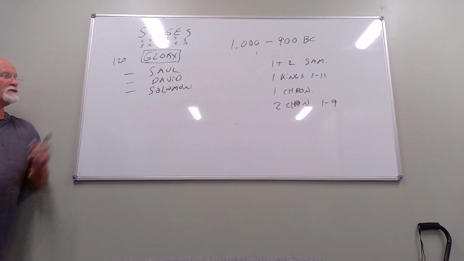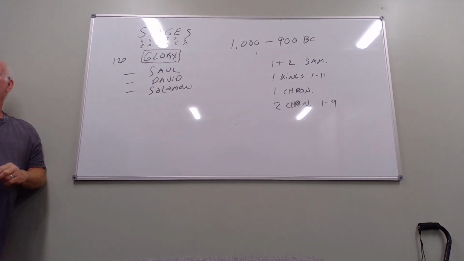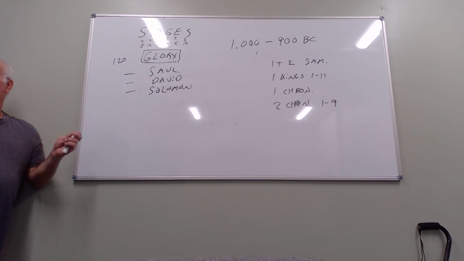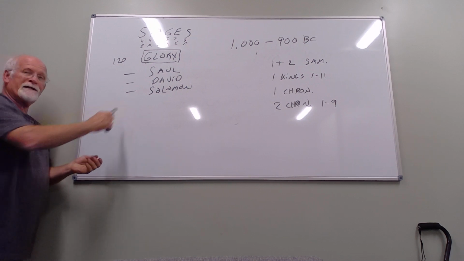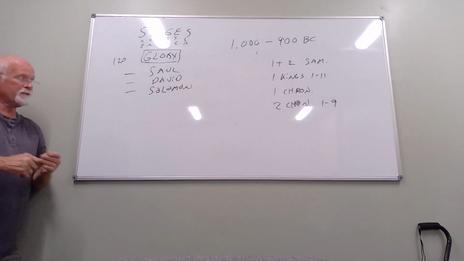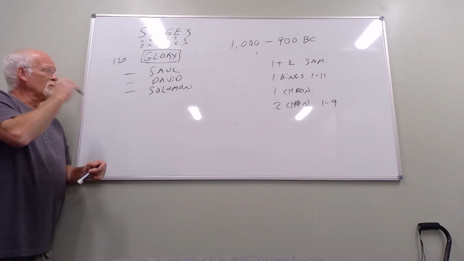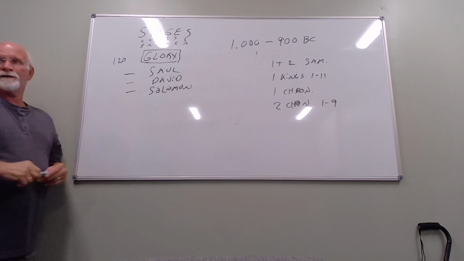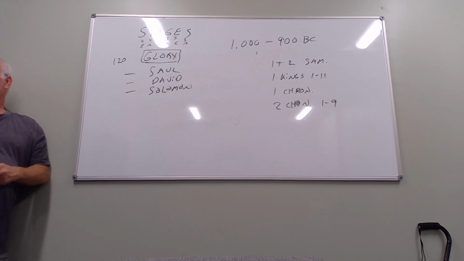But Saul, David, and Solomon are the only 3 kings that ever ruled all of Israel, ever. After Solomon, the kingdom split. Like I was telling you a little bit ago, we'll go over all of that when we get to it. But this is an exciting period of time, and it's the glory period for Israel because King David was highly remembered in Israel. Of course, Abraham is the father of the Israelites.